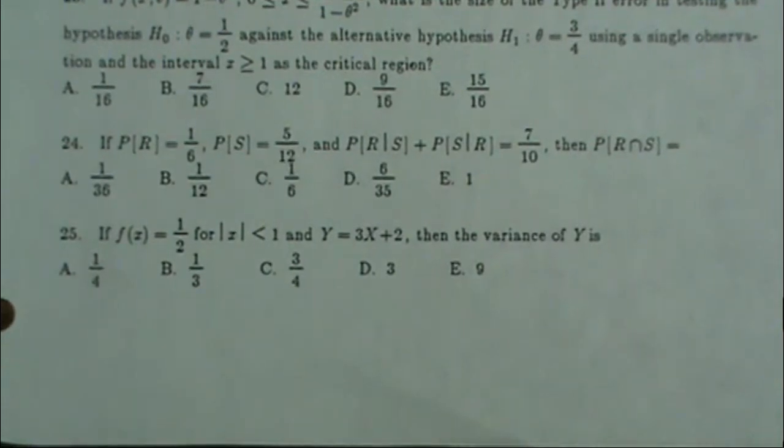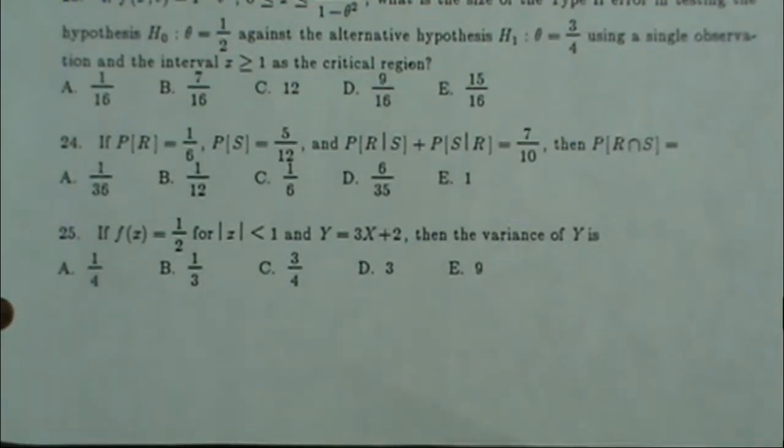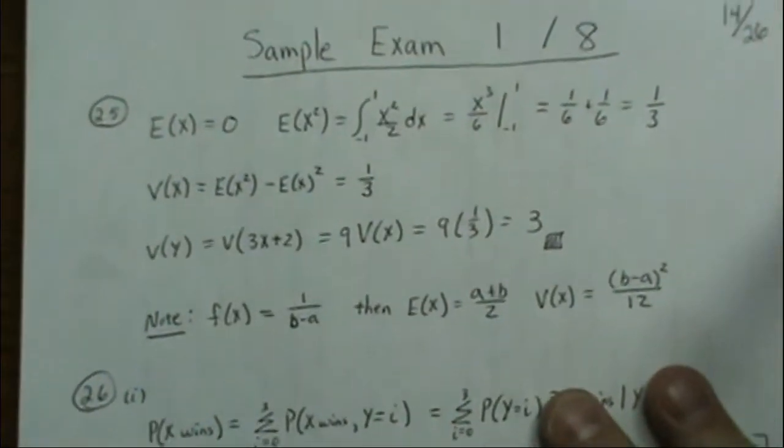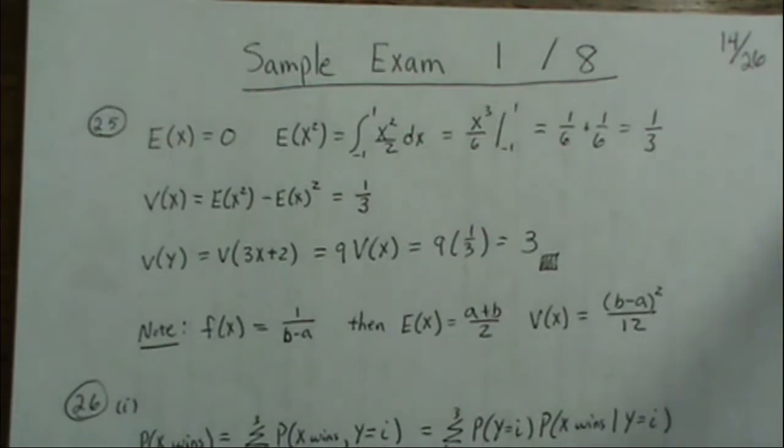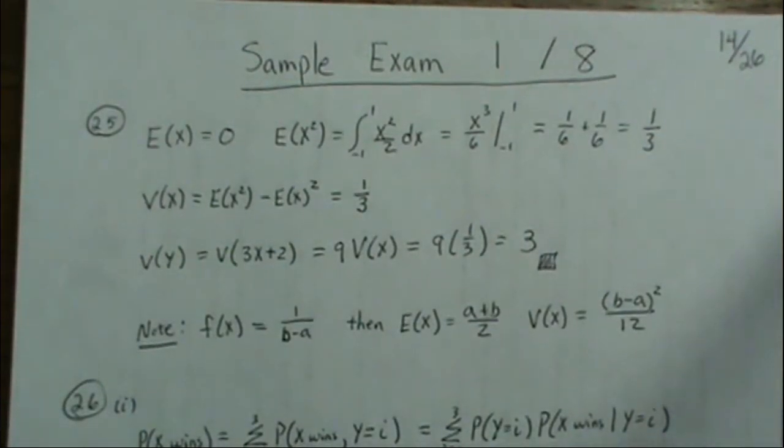Problem 25. If f of x equals 1/2 for absolute value of x less than 1, and y equals 3x plus 2, then the variance of y is... So problem 25, we want to find the variance of y, which is 3x plus 2.